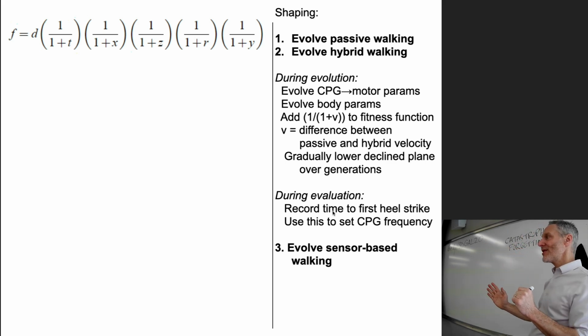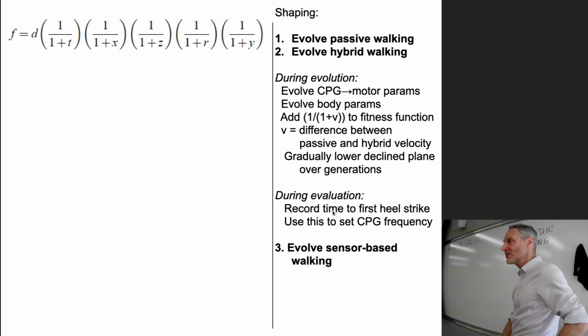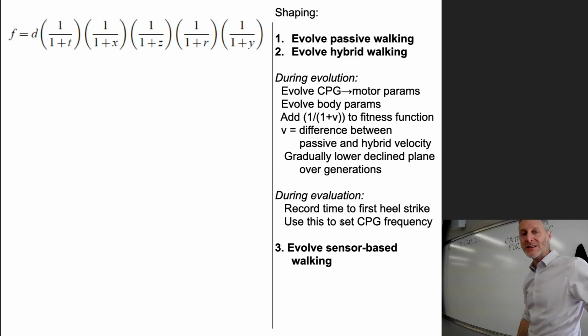So whenever that heel hits the ground, the CPG is going to fire for the second time, and that second pulse goes to the back swing leg. Up it goes, and the third strike of the CPG is going to come however many time steps elapsed between T0 and the first heel strike.